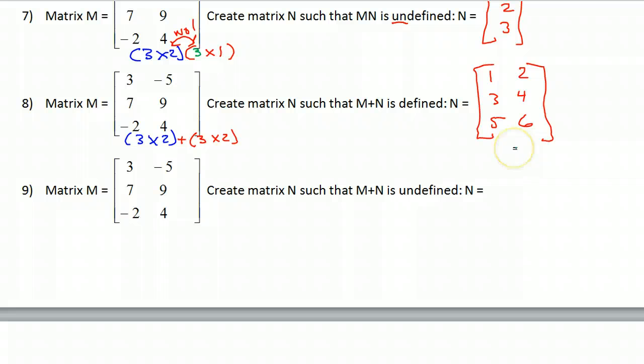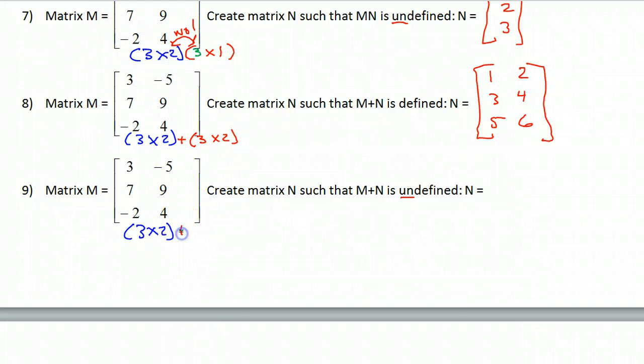All right, and number 9. Here's my matrix. Create matrix N such that M plus N is undefined. Well, this should now be obvious, I hope. If this is a 3 by 2 matrix, and the other matrix is anything other than a 3 by 2 matrix, it would not work.